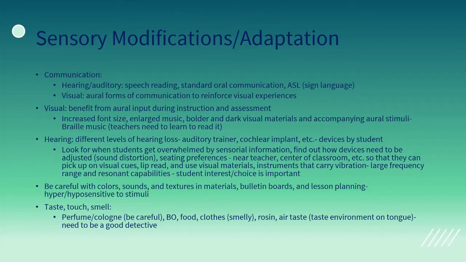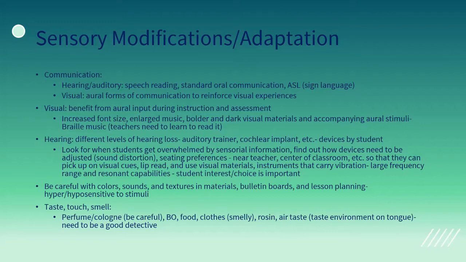Some modifications that you could implement would be to increase the font size on their assignments or instructions, enlarge their music, bolder and dark visual materials, and accompanying oral stimuli, such as Braille music. And then if you do make Braille music, you need to learn this because you need to know what your student is experiencing.